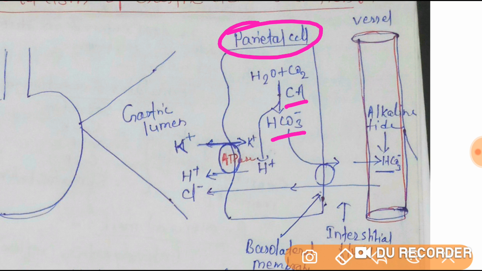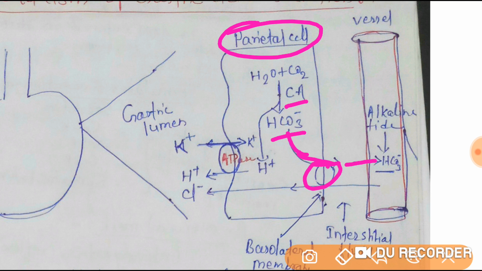This bicarbonate ion is transported to the interstitial fluid and then to the vessel, causing the alkaline tide, or due to washing out of the bicarbonate.